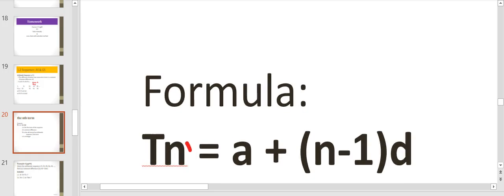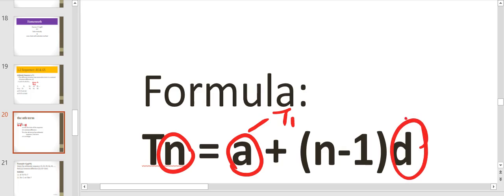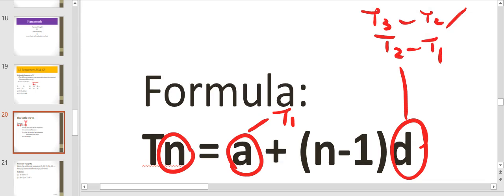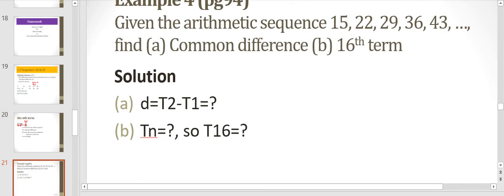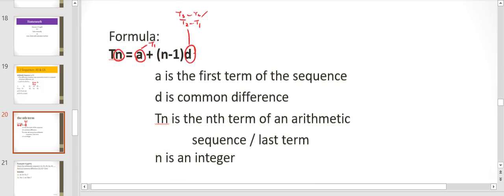Here n represents the term that you are going to find. a represents T1, the term 1, or in other words, the first term. d represents the common difference between two consecutive terms, which you can get from T2 minus T1, or even T3 minus T2. Any will do. The further explanations are stated at the bottom there.